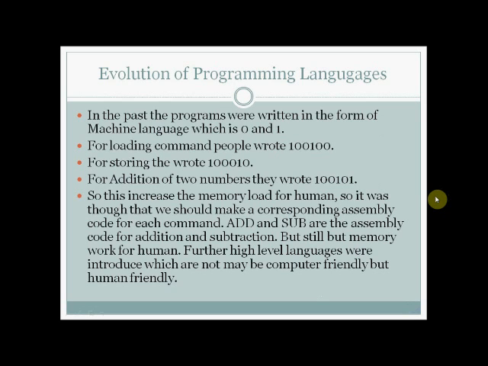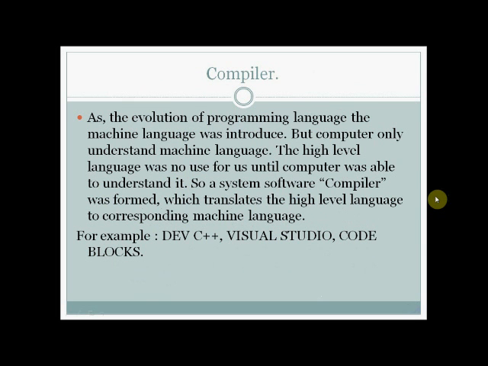For addition, add and for subtraction, sub was formed, but it still was a big headache for programmers because they still needed to remember many things. And then high level languages were introduced, and these languages are not computer friendly, but they are human friendly. So to make them computer friendly and to translate our code into machine language, the compiler was introduced.